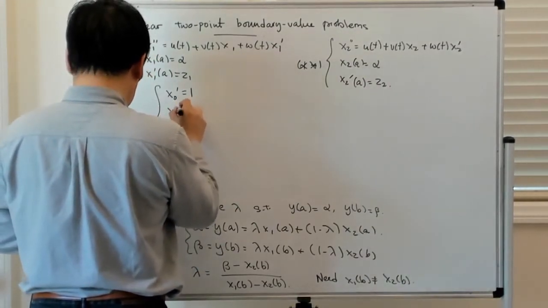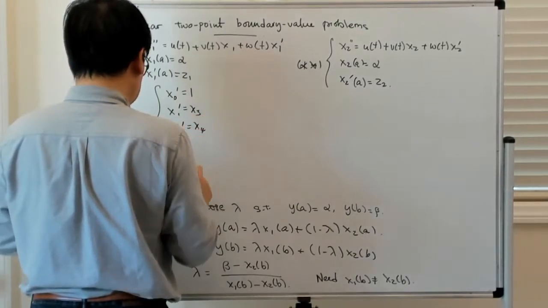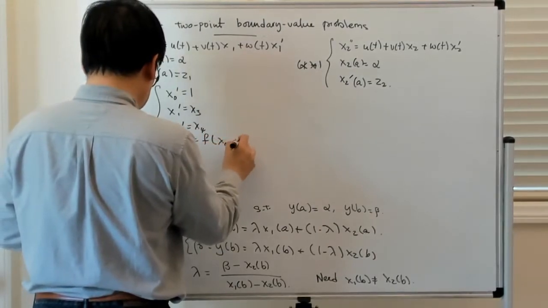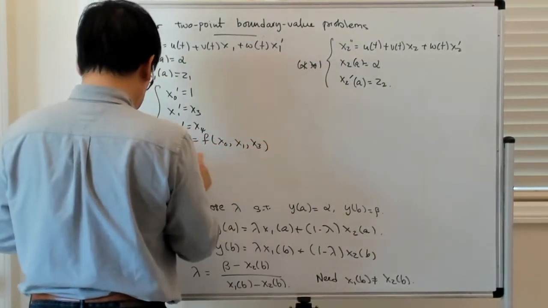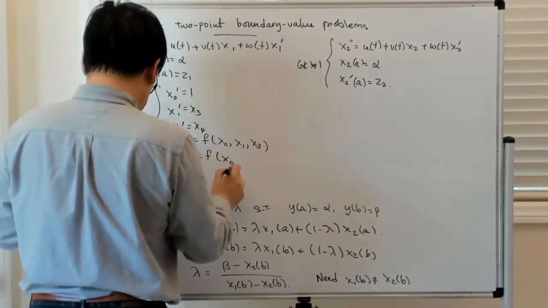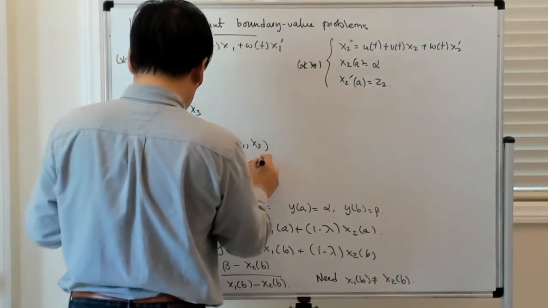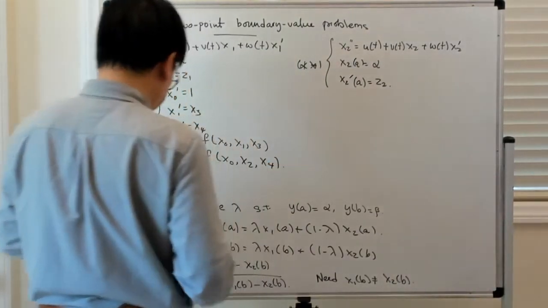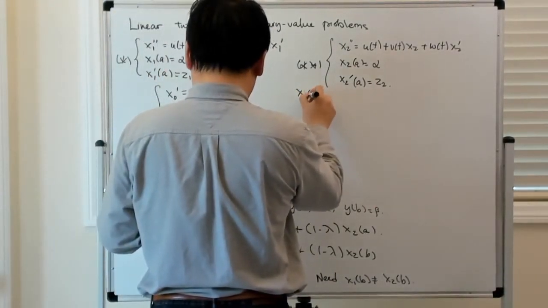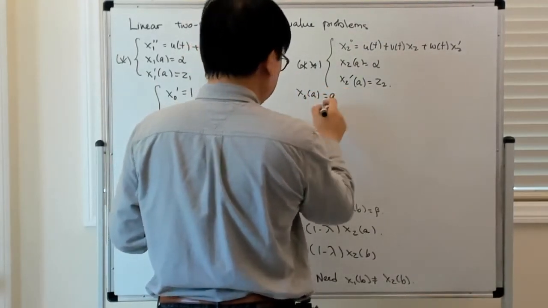Then x1 prime is equal to x3, x2 prime is equal to x4, then x3 prime is equal to f of x0, x1, x3, and x4 prime is equal to f of x0, x2, and x4. And then x0 of a is a, because x0 is the time variable.